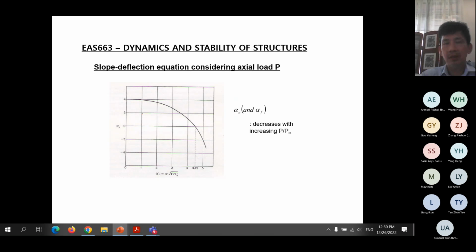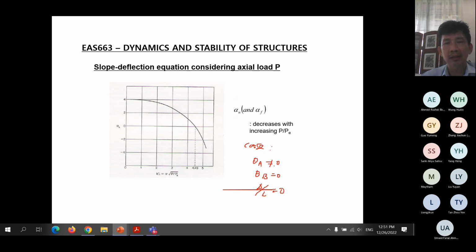And this graph here, which we plot alpha n versus KL. Okay. So we look at the case of theta A not equal to 0, theta B equal to 0, delta over L equal to 0.